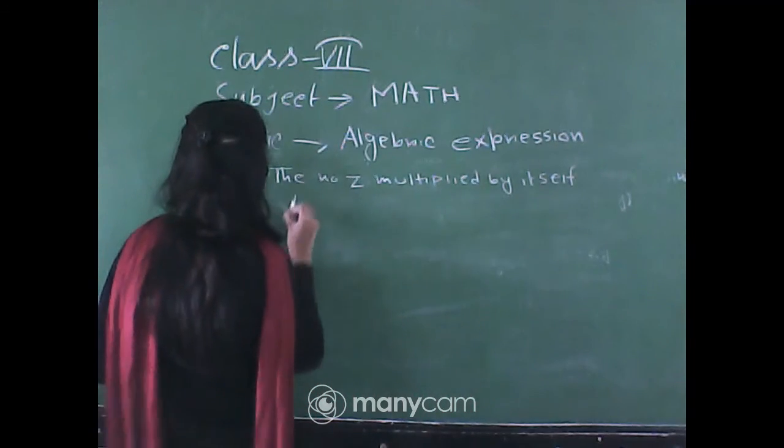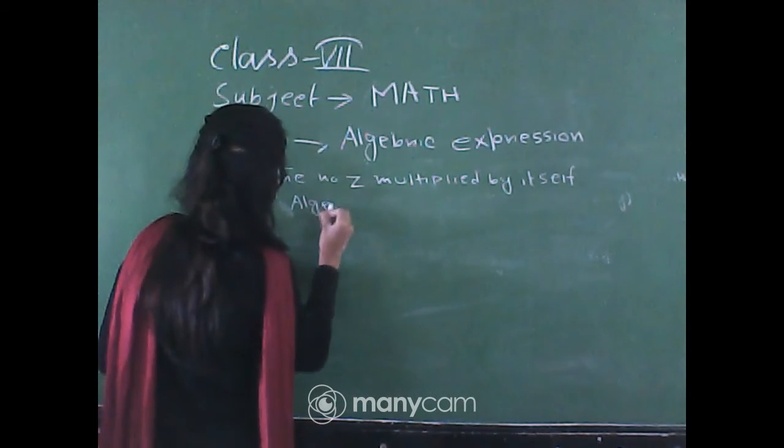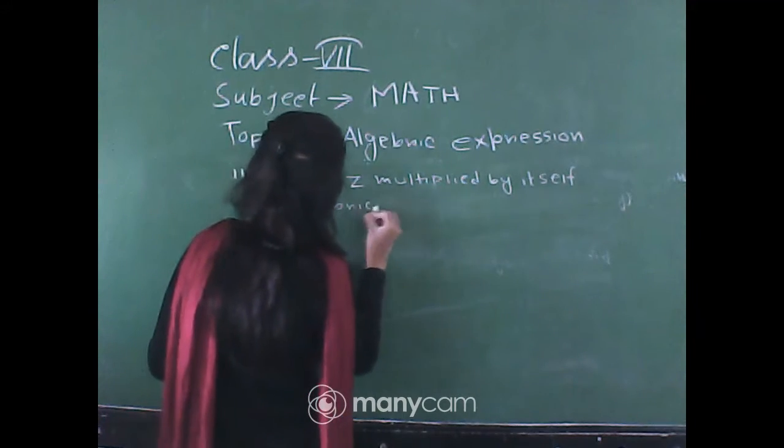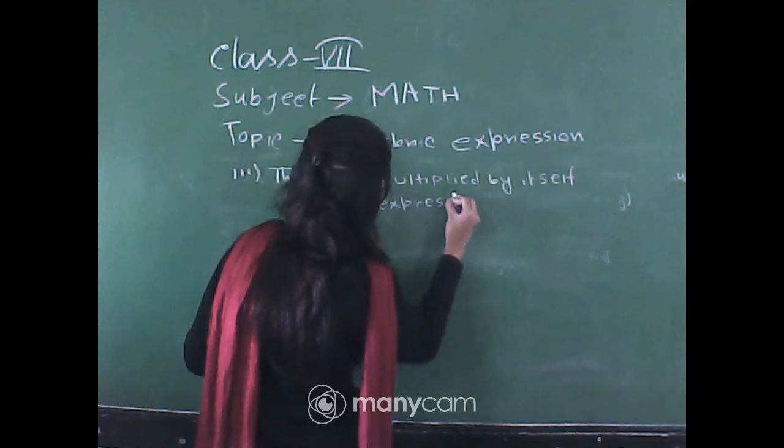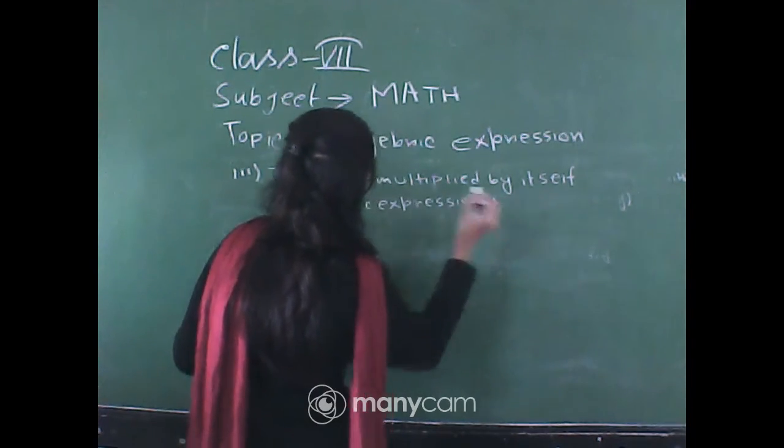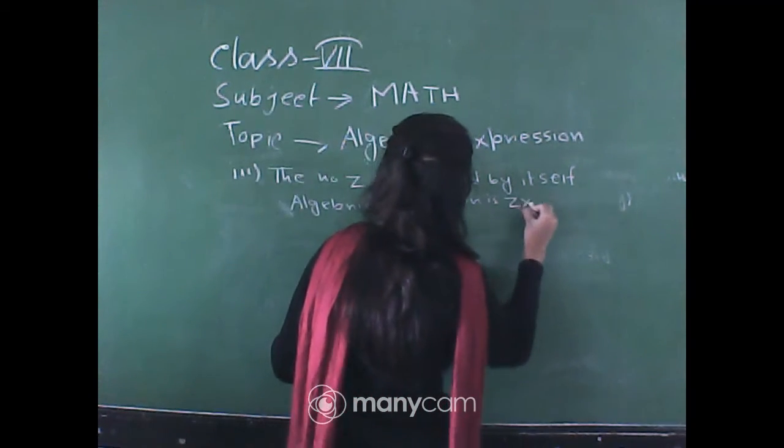Therefore, the algebraic expression is z cross z, that is z square.